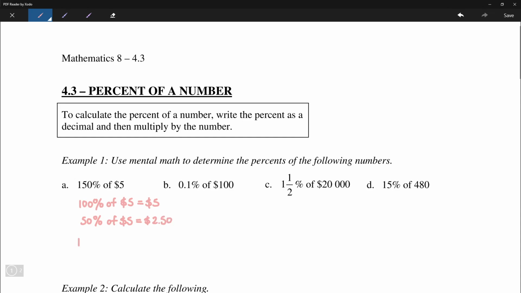And finally, 150% of $5 will be the sum of the previous two, which means it will be $7.50.